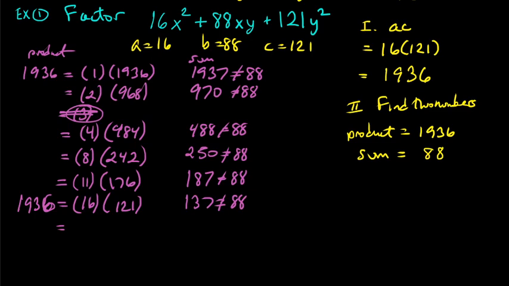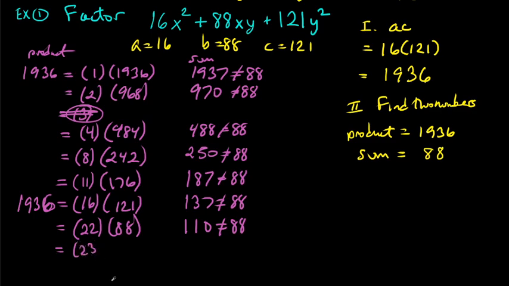Let's see. Yep, 22 times 88 is also 1,936. Okay, and 22 plus 88 is 110. Still doesn't work, right?